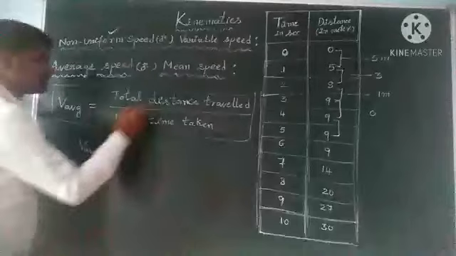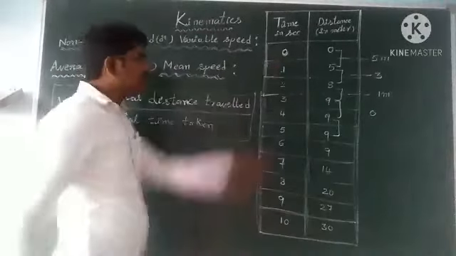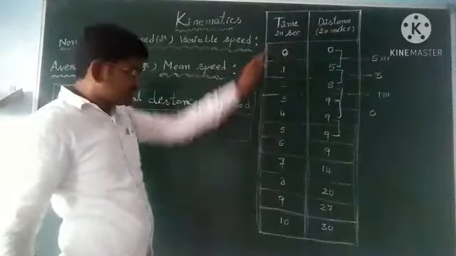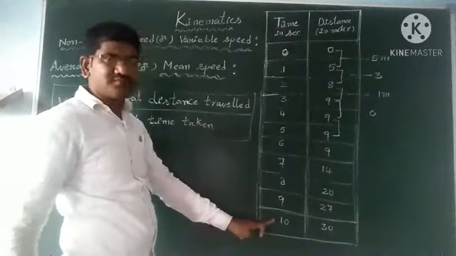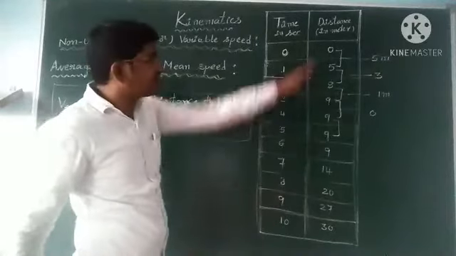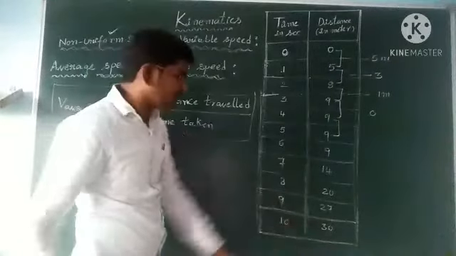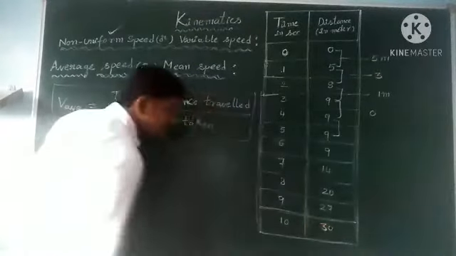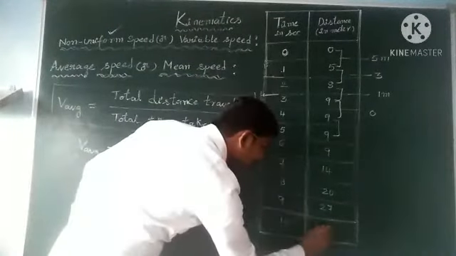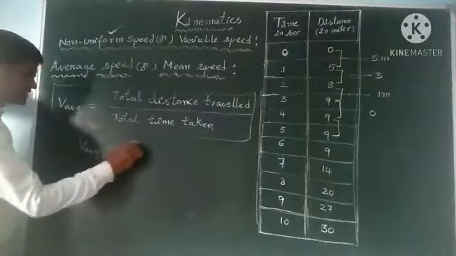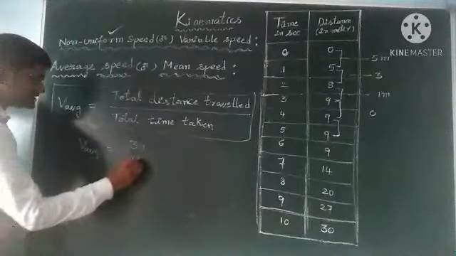See here in this example, the journey started at 0 seconds and ends at 10 seconds. The interval of time I took is 10 seconds and the distance covered is from 0 to 30 meters. So the total distance covered is 30 meters in the time of 10 seconds.